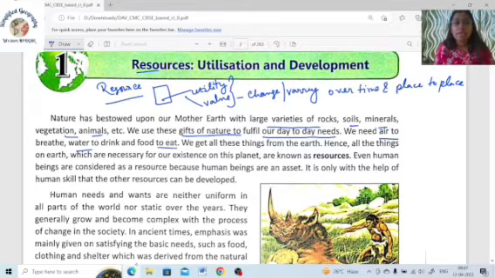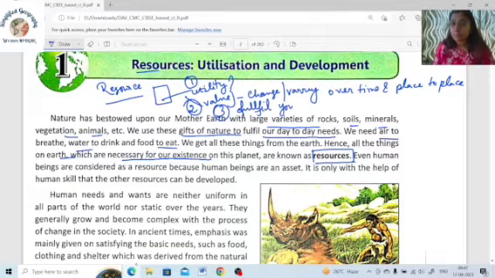Hence, all the things on the earth which are necessary for our existence on this planet are known as resources. So there are two features for a product to be a resource. One is utility, another is value, or it has to fulfill your needs. It should be necessary to you, otherwise it won't be a resource.